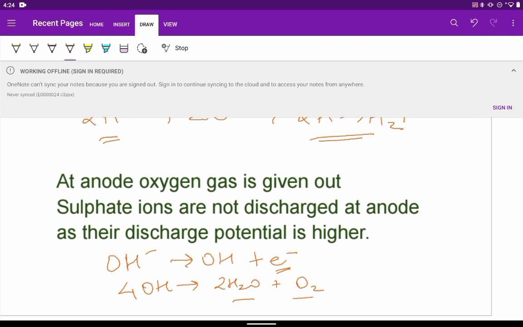So oxygen will be liberated because sulfate ions, having a higher discharge potential, will not be discharged at the anode. OH- loses electrons, and finally water molecule and oxygen gas will be liberated at the anode.